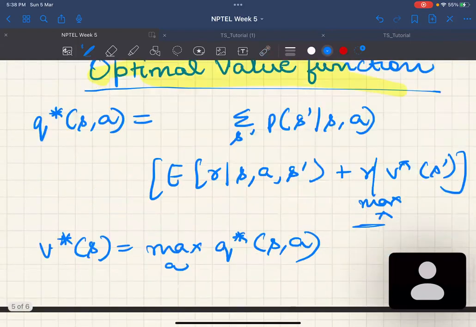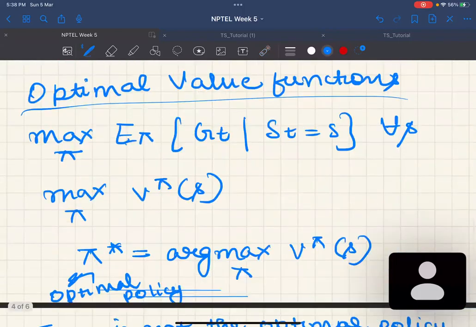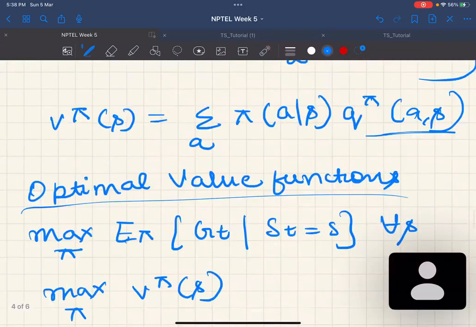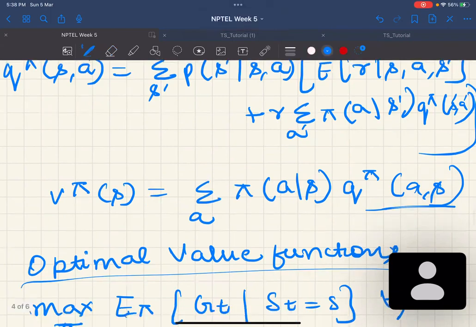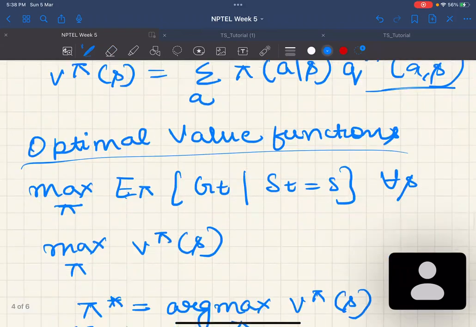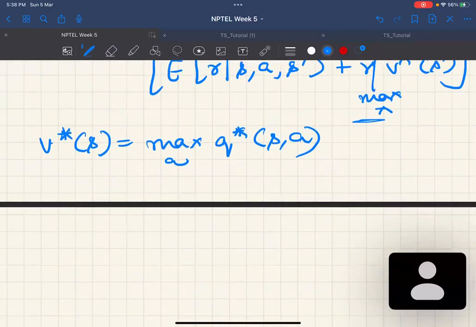V star of S is, I have here written, V pi of S is equal to summation over all the policies, S given A. This I explained to you. Now, if I'm talking about the optimal value here, I was talking about the V pi of S. If I'm talking about the optimal value, I am saying that over all A's, I'm talking about what is the maximum A if I'm talking about Q star SA.